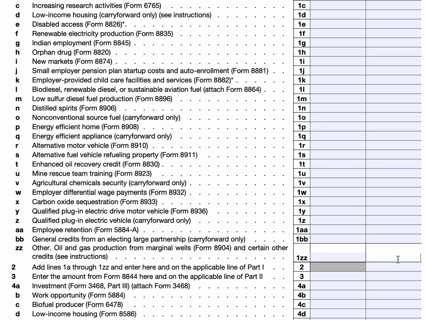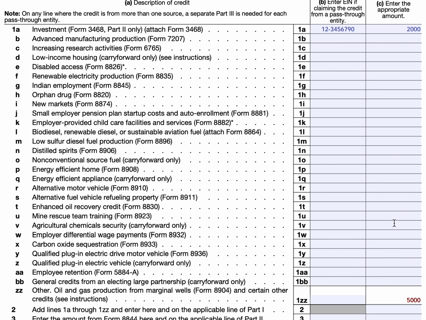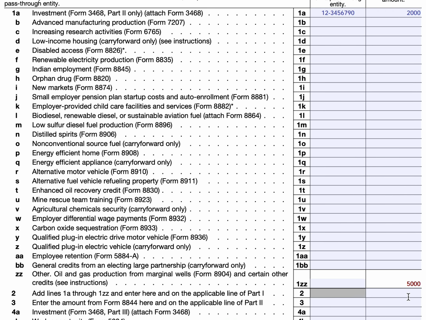That would be the work opportunity tax credit. There are a lot of other tax credit forms that may no longer exist. For example, a welfare to work credit, I believe, has been replaced by the work opportunity credit. So let's imagine that we have $5,000 of a carry forward from all of these other items that we've placed into line 1ZZ. So in line 2, we'll simply add these two, which is $7,000.